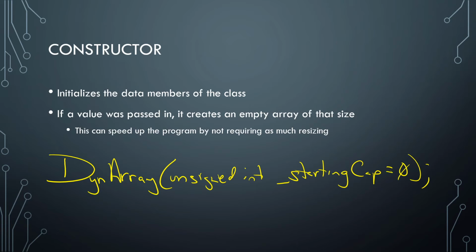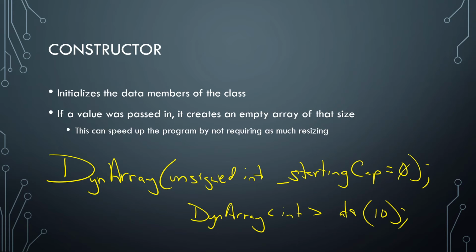So if I call this function and create an object and I pass in a particular value, so let's create a DynArray that stores ints, because this is a template class, and we'll say DA and 10, then that starting capacity is going to be 10, and we'll need to dynamically allocate our array to be of that particular size.